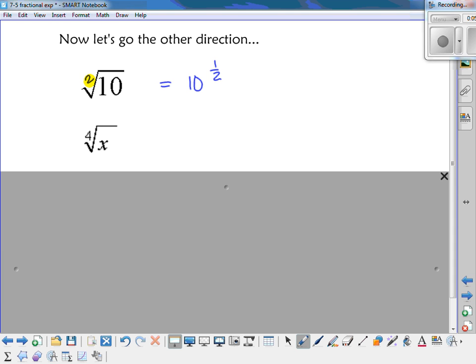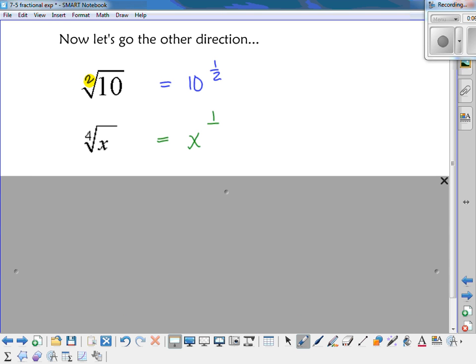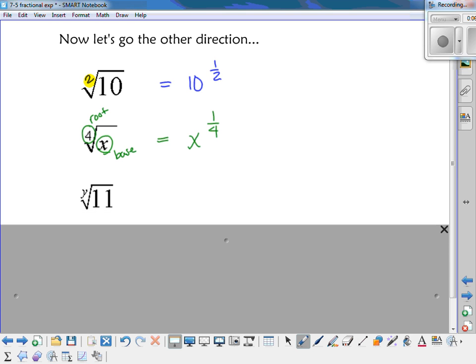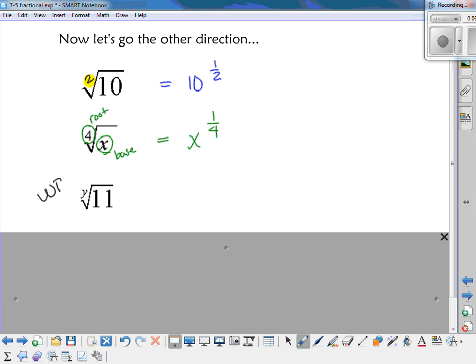Or if I had the 4th root of x, that's just x to the 1/4 power. Okay? So remember that this part is your root, and this part is your base. Okay? So on your whiteboards, give that one a try.